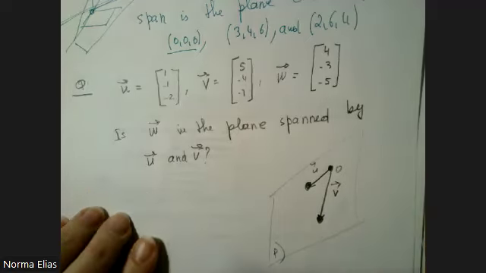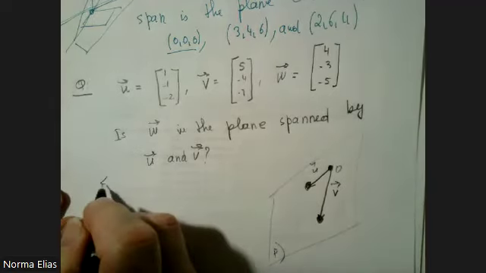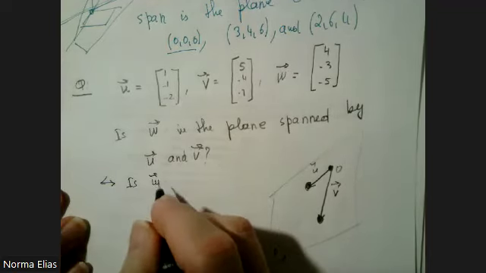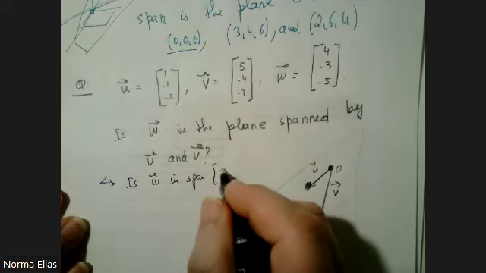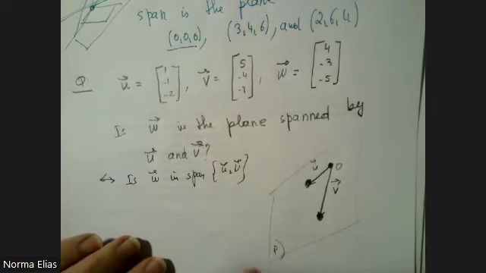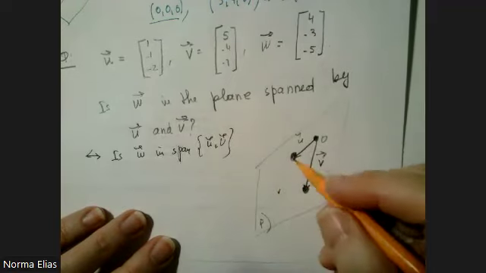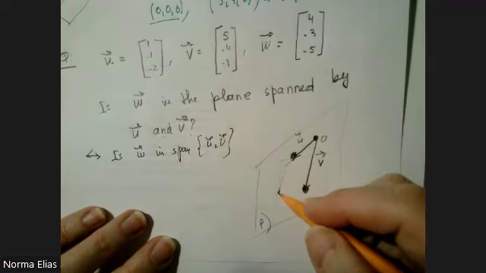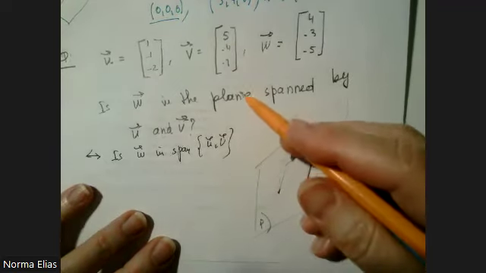So how do we answer those types of questions? Really, this is boiling down to asking the following: is W in the span of the two vectors? If W is in this plane, it means I should be able to reach W by following U and V. If I can reach it following U and V, it means it's in the plane.